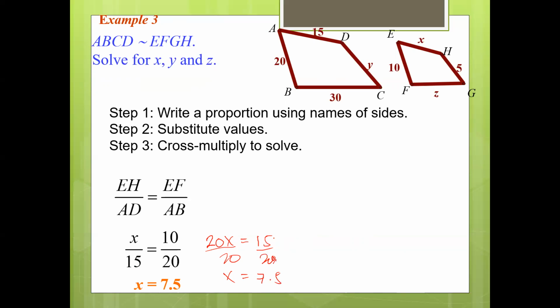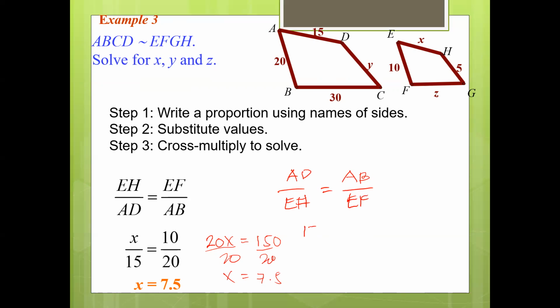Sir, question. Is it okay if we use this ratio, the same sides, but we start with the bigger quadrilateral? Will our answer be the same? Well, let's see. We just exchange the values.